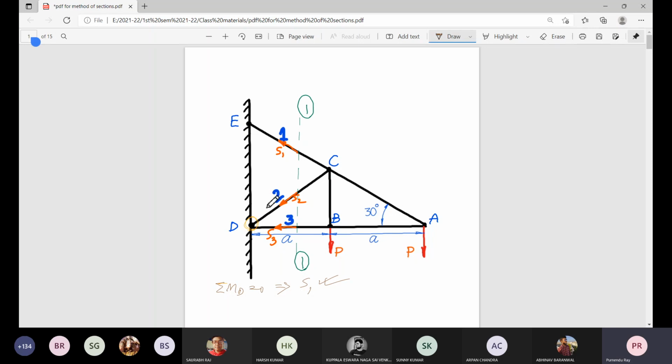Now what about that perpendicular length? It will be tan 30 degrees, so a cot 30 degree, that will be A. It will be tan 30 degree, I guess.